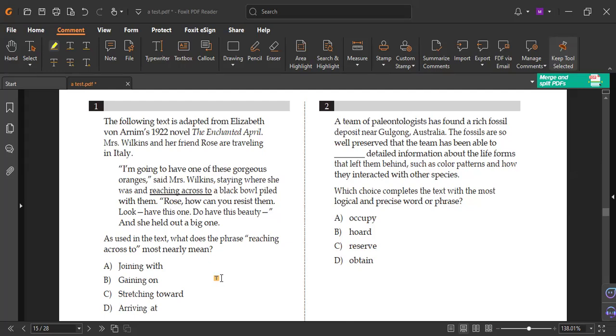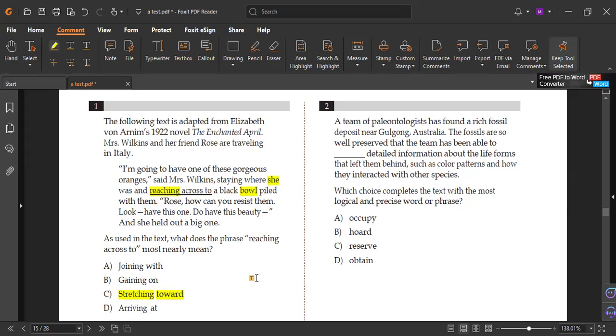Always check what the question needs: the subject and the verb. So she was reaching across to a black bowl. That means she was trying to reach something, a black bowl piled with them. Joining with? She is going to join, but how? It does not make sense. Gaining on? To get it? No. But stretching toward, you know, when I want to reach something by hand, or I use my body to stretch toward something.